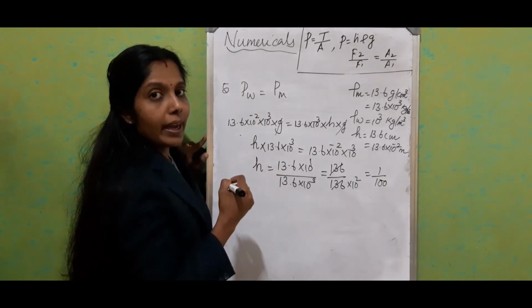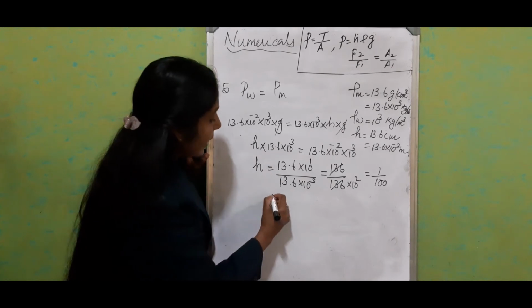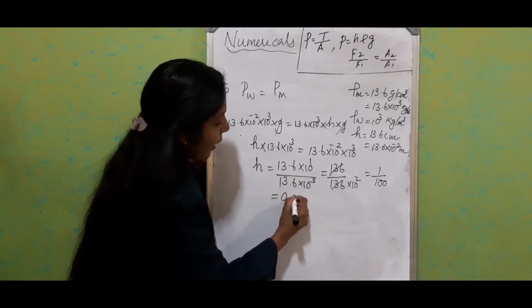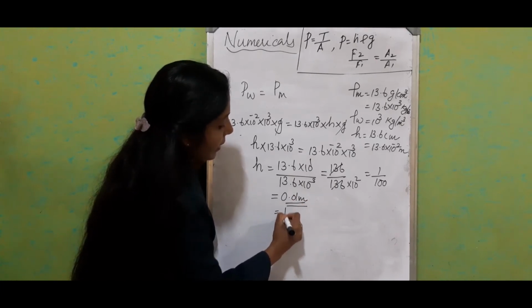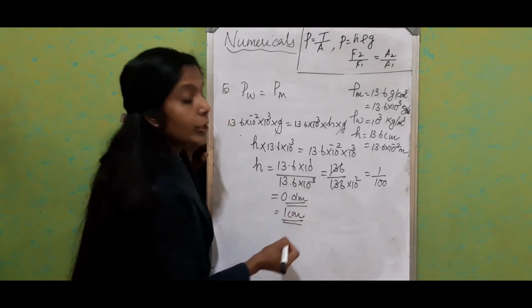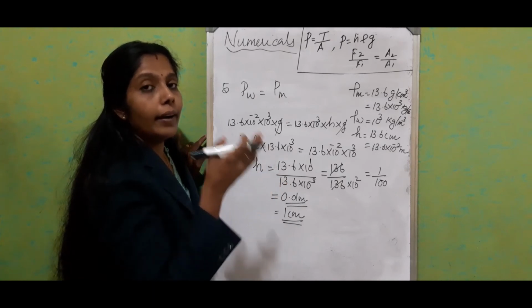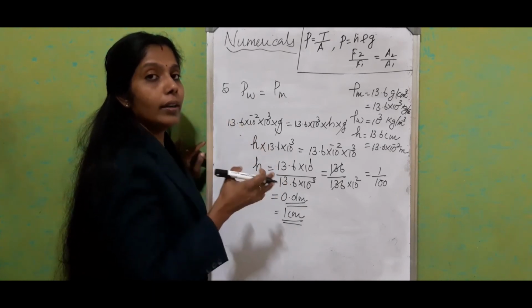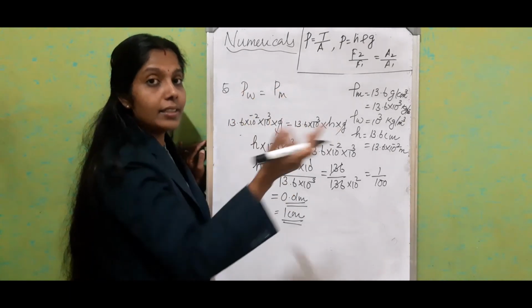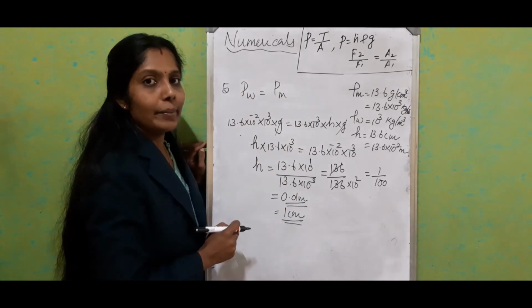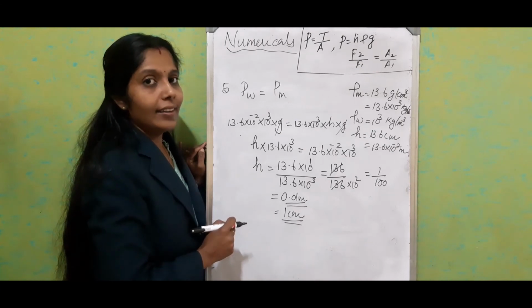So 1 by 100 is equal to 0.01 meter, or we can write it as 1 centimeter. So when we pour 13.6 centimeter of water on one side, the mercury will rise on the other side by 1 centimeter. Let's see the sixth question.